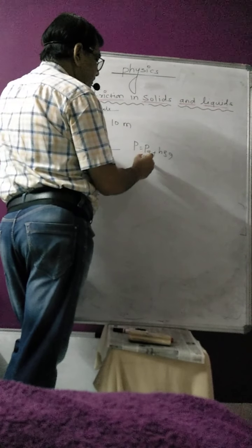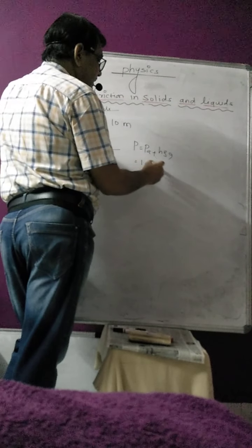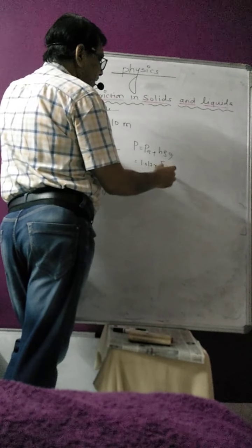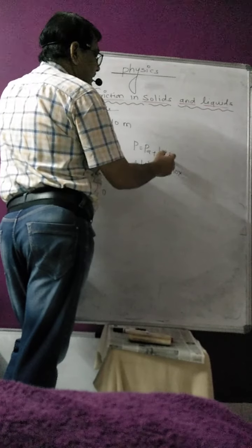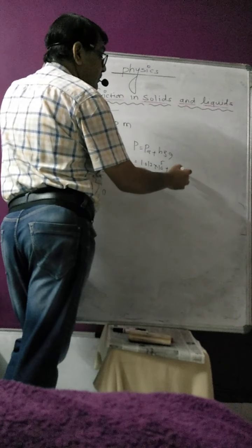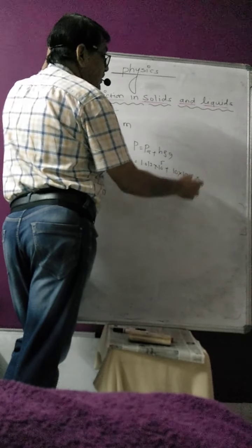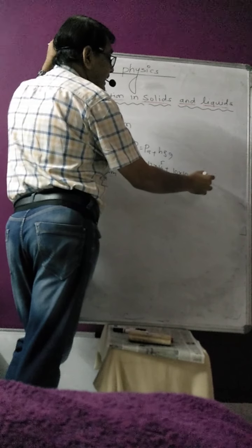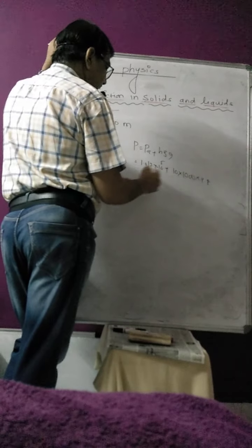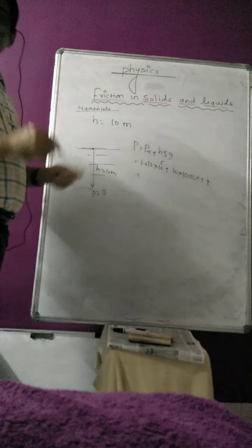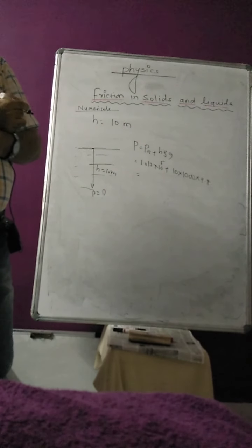The atmospheric pressure is 1.013 into 10 raised to 5, plus height of the liquid column which is 10. Now rho, density of water, will be 1000, and g we can take as 10 or 9.8. Take 9.8 and solve that equation. What answer are you getting?